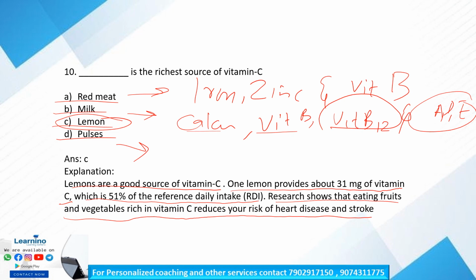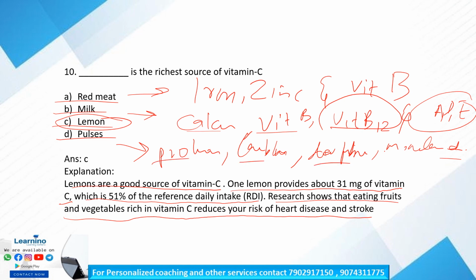So what about pulses? Pulses contain proteins, carbohydrates, and fiber. Dietary fiber, minerals, phytochemicals, etc. So pulses contain protein, carbohydrates, dietary fibers, and some minerals.